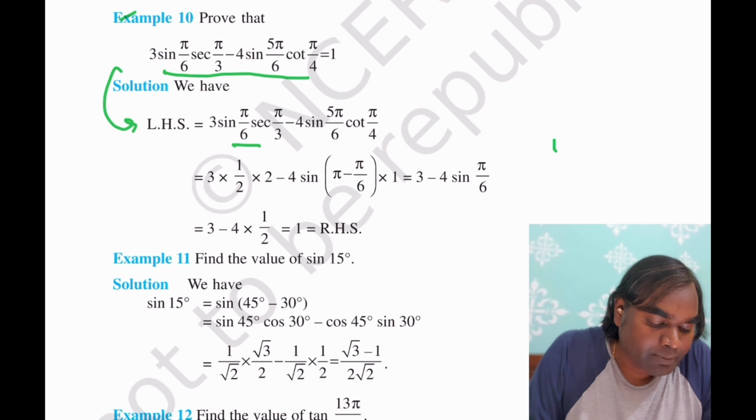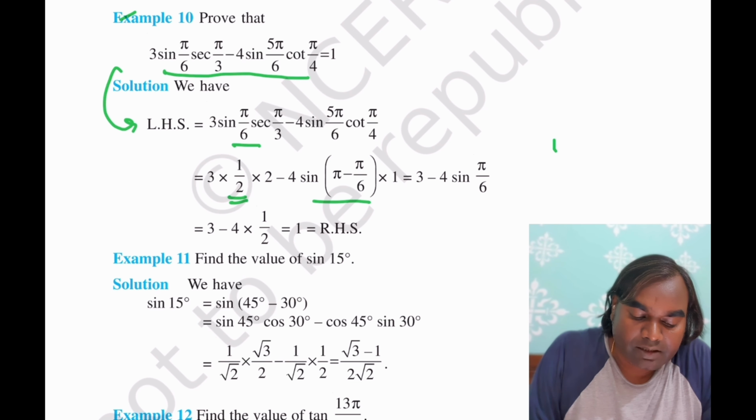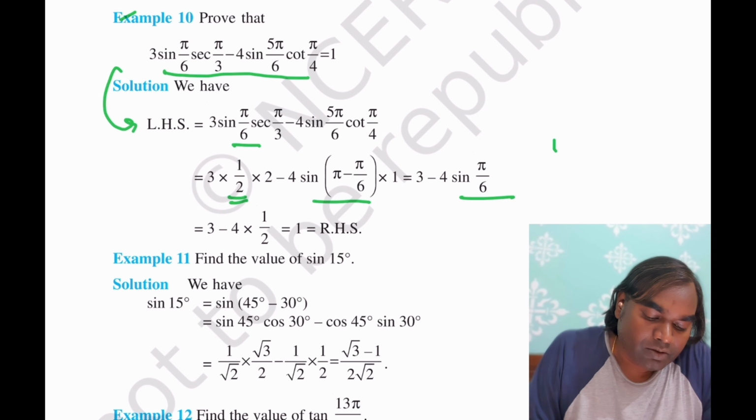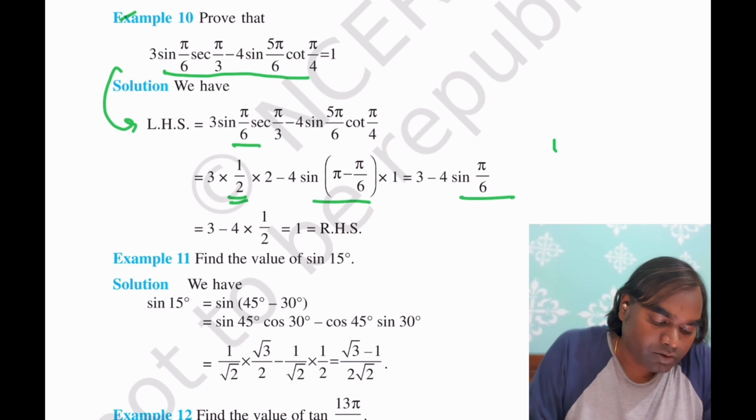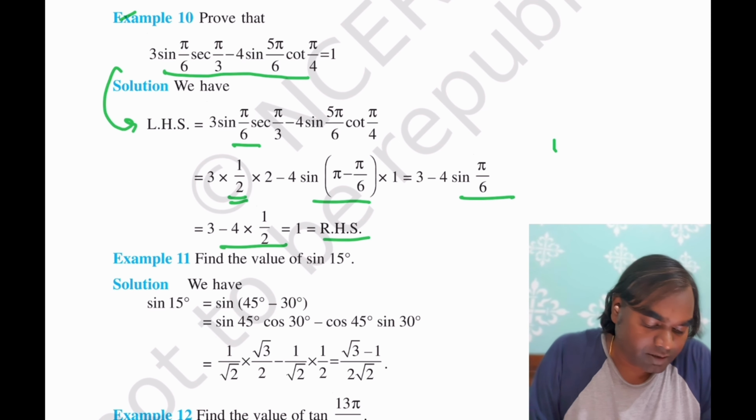So you know sin pi by 6 is equal to 1 by 2, sec pi by 3 is equal to 2 because cos pi by 3 is equal to 1 by 2, and minus 4 sin 5 pi by 6 can be written in terms of pi minus pi by 6. So sin (pi minus x) is equal to sin x, that means you will get sin pi by 6. So sin pi by 6 again is equal to 1 by 2, so the answer is 1, that is equal to the RHS, hence proved.